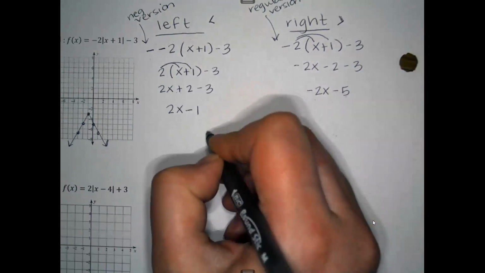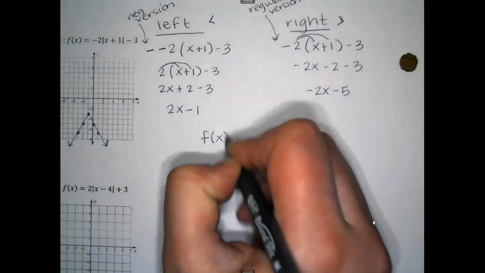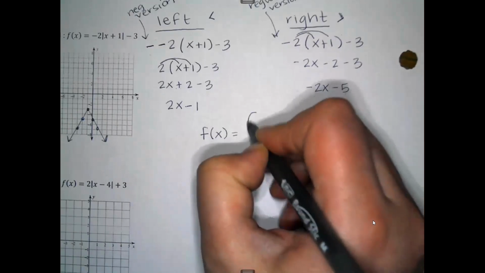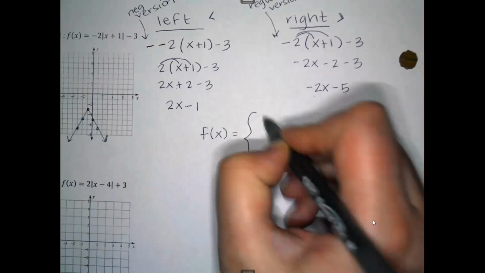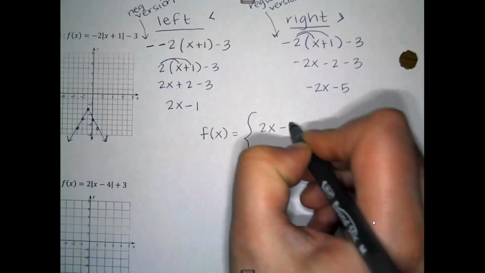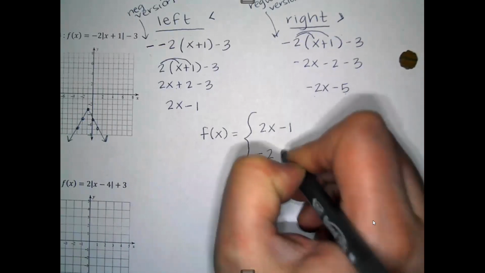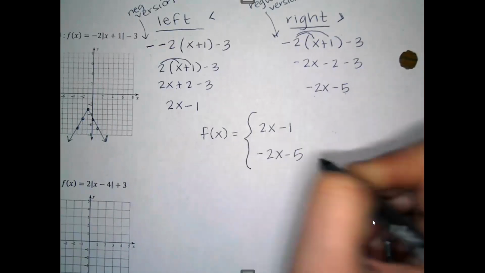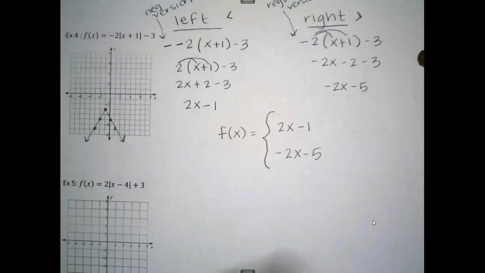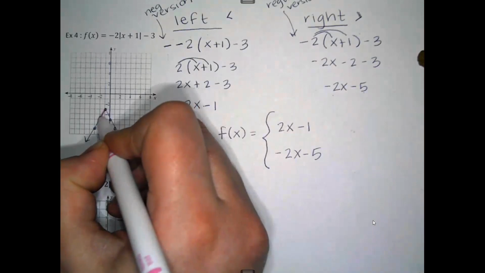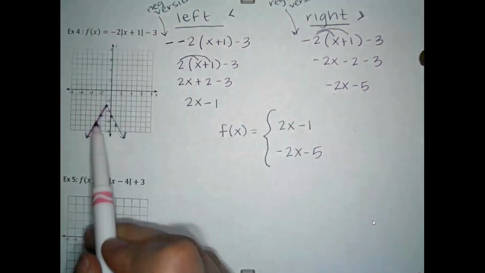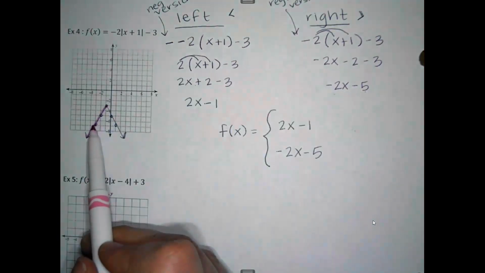Okay, so we're going to say f of x equals, and we're going to write the left side of the graph, the right side of the graph. If you look at the left side of the graph, do you agree that it has a slope of 2?